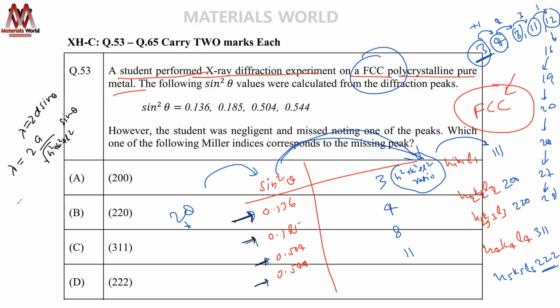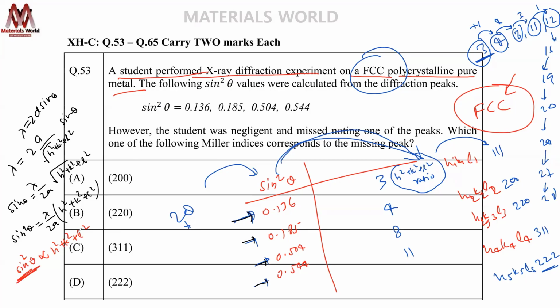Now I can write sin theta as lambda by 2a times root of H square plus K square plus L square. I want H square, K square, L square, so I can square both sides. So my sin square theta is lambda by 2a squared times H square plus K square plus L square. Can you see here? Your sin square theta is directly proportional to H square plus K square plus L square.